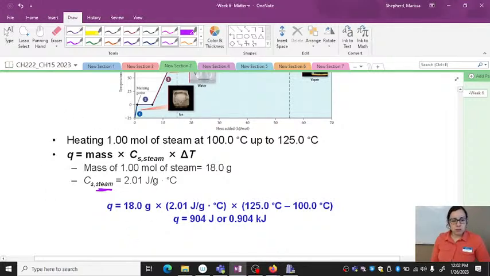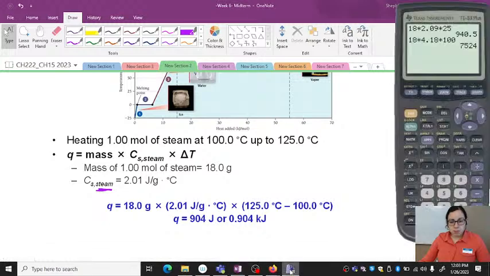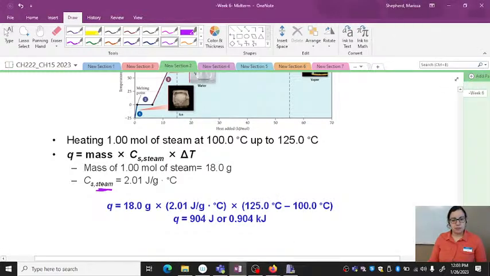Again, moles becomes grams. We have our heat capacity, and then our delta T is 25, since we're going from 100 to 125. So 18 times 2.01. And we get 904.5 joules, or 0.904 kilojoules.